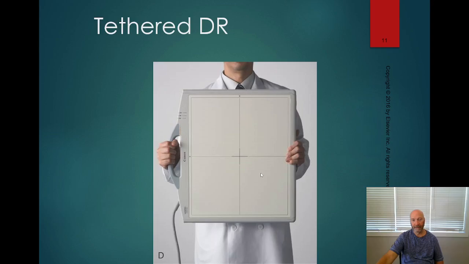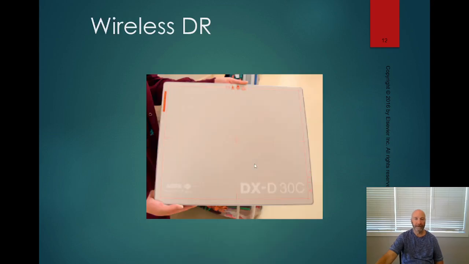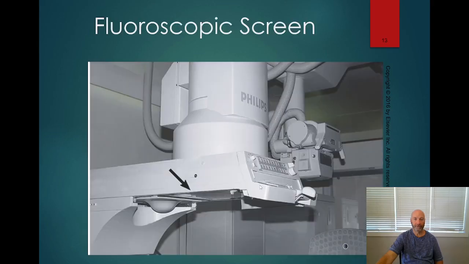But this is an oblong image receptor. This thing is massive. I would say that's probably close to 20 inches, probably like an 18 by 20 inch image receptor size. I've never worked with one that big. And this is just another one of wireless digital image receptor.